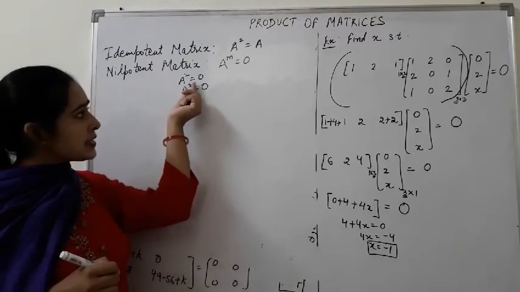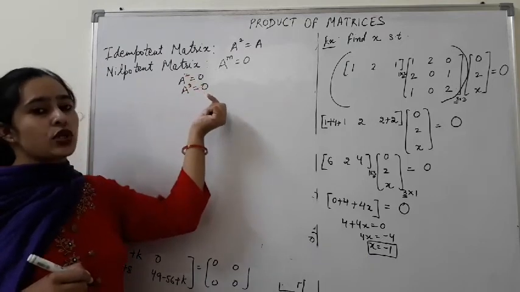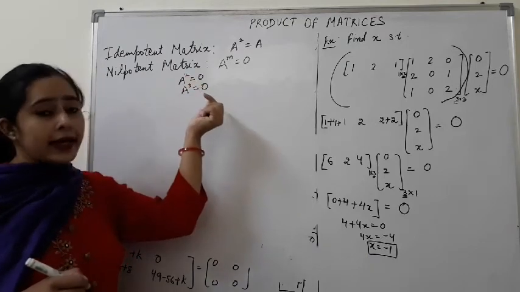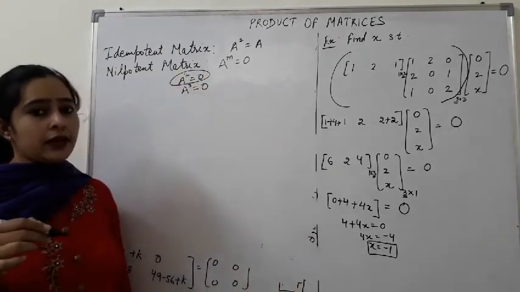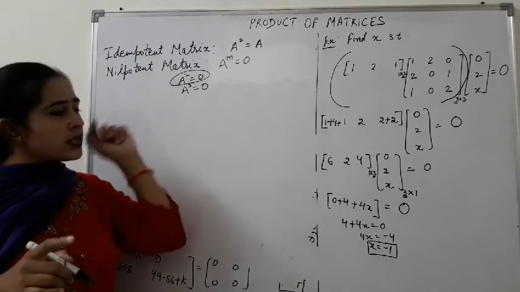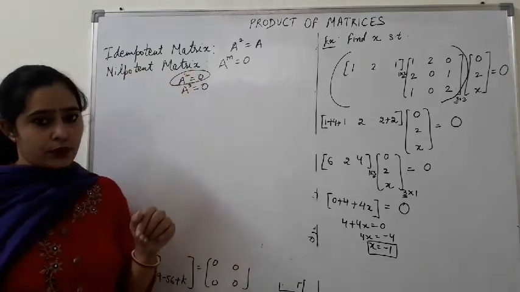And the least number which satisfies this condition is known as the index. If A is not a 0 matrix but A square is equal to 0 matrix, then you can say that 2 is the index.